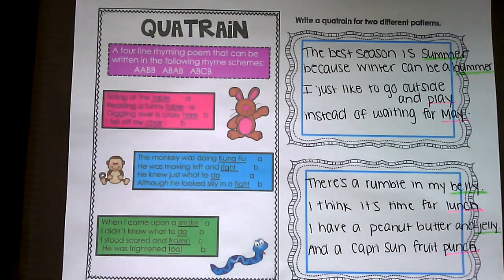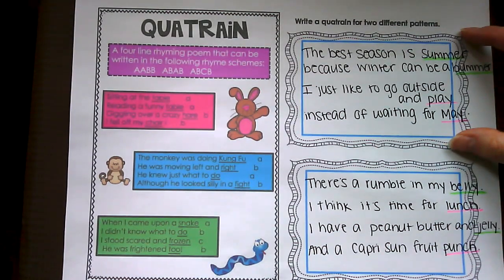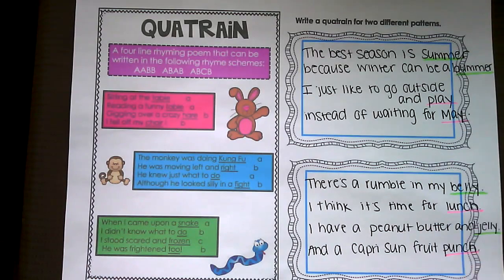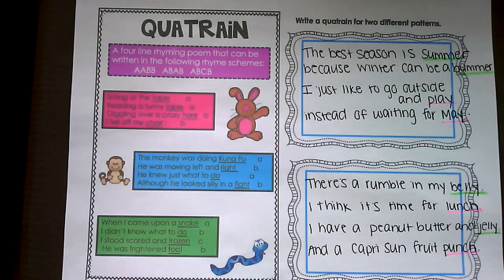Notice how every other line rhymes, or my A lines rhyme and my B lines rhyme. So I challenge you to practice some quatrain poems in your spaces as well. And you don't have to use the space. As you can see, it is kind of small. So if it helps you to use a larger piece of paper or a lined sheet of paper to make sure that your lines stay on one line, you can go ahead and do that.